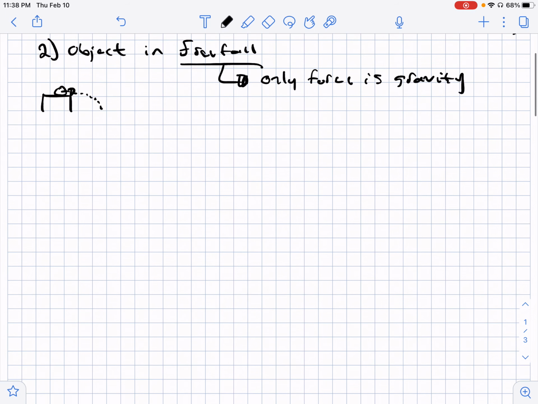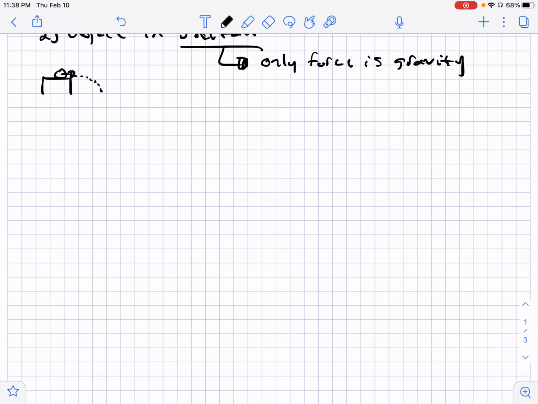So let's kind of draw out an object rolling off of a table. So here's the table, and this object is rolling horizontally, and then it falls. So let's look at some snapshots as it's falling off this table. So probably right around there, here, and then we'll hit the ground.